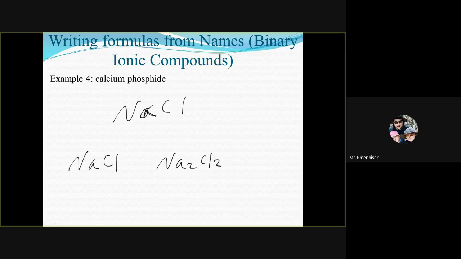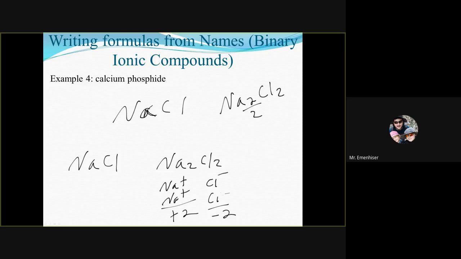Na2Cl2 is also correct, because if you had 2 sodiums and 2 chlorines, it's also equal and opposite charge, right? But if I take this Na2Cl2, if I have a 2-to-2 ratio between the sodium and the chlorine, and I divide them both by 2, what we get is a simpler formula, NaCl.